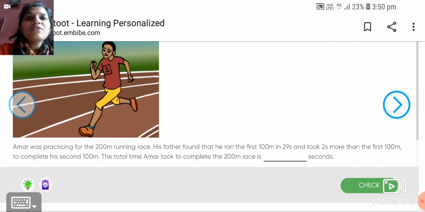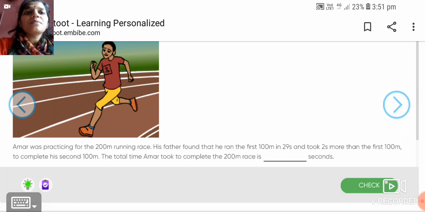Let's see. Amar was practicing for the 200-meter running race. His father found that he ran the first 100-meter in 29 seconds, and took 2 seconds more than the first 100-meter to complete his second 100-meter.